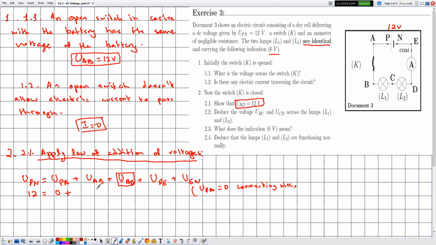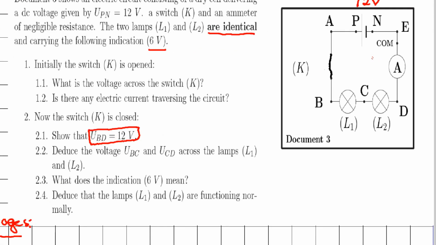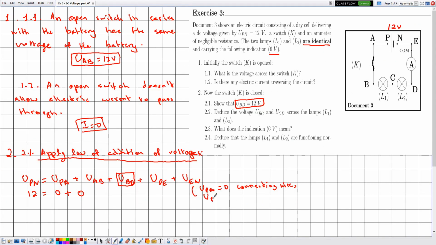And the value of UAB is equal to 0 because across A and B we have a closed switch. Therefore UAB is equal to 0, closed switch. And we keep UBD as an unknown because we want to calculate it. Now UDE is equal to 0 because across D and E we have an ammeter of negligible resistance. So UDE is equal to 0, negligible resistance.